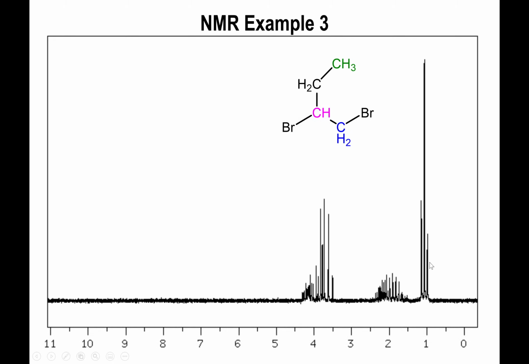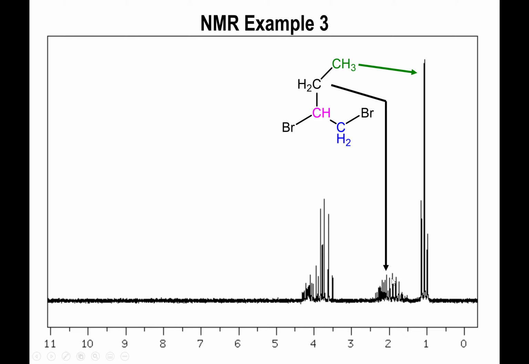Later on, we're going to talk about why the shapes of the peaks are the way they are in the spectrum, but for now, you just want to concentrate on the positions. So notice that this carbon, the one that is farthest away from the bromines, is going to be showing up the farthest upfield on the spectrum, so the one closest to the right side. Then the CH2 is going to be somewhere in the middle.